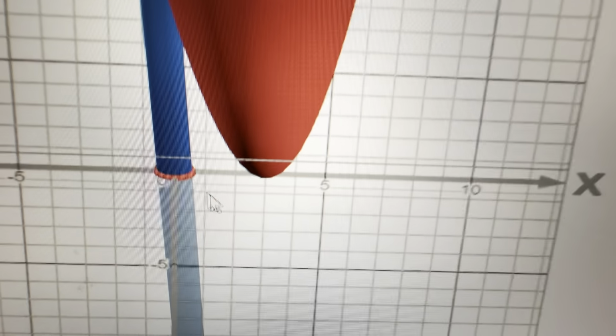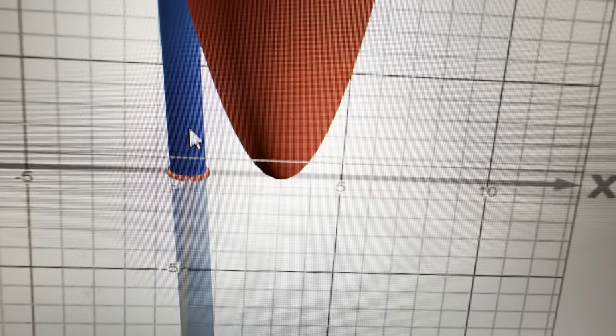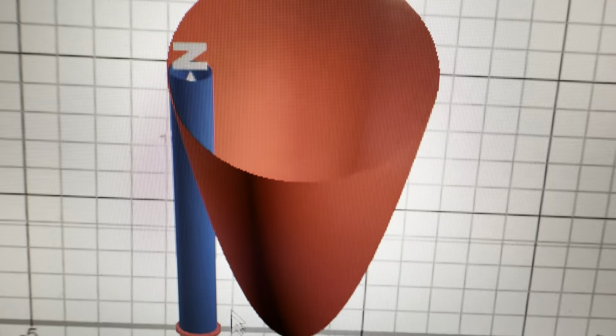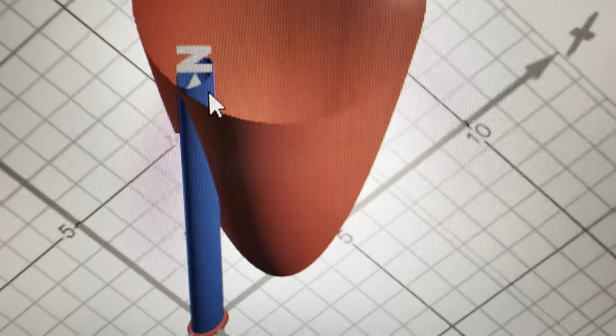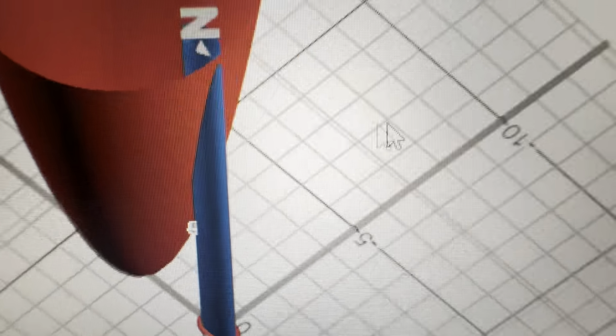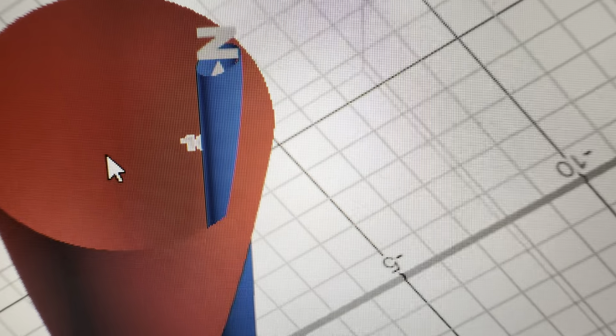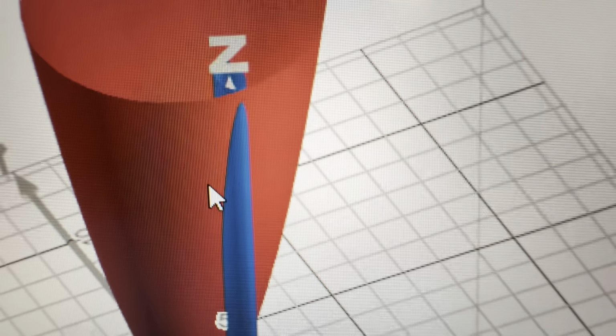That red thing is our parametrization. The blue is the extension along the z-axis. And see how he intersects our surface in this kind of ellipse, right? Maybe it's easier if we see it from this way. But yeah, there's kind of an ellipse.